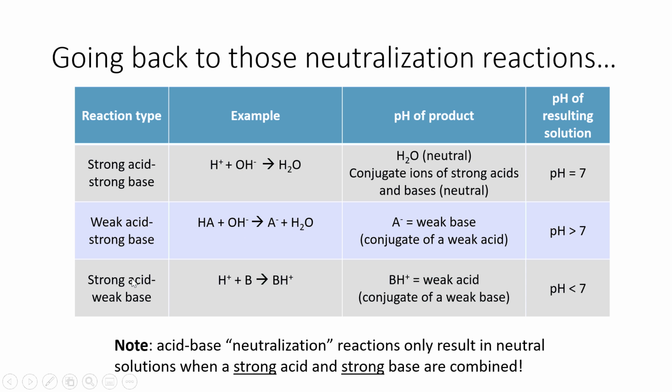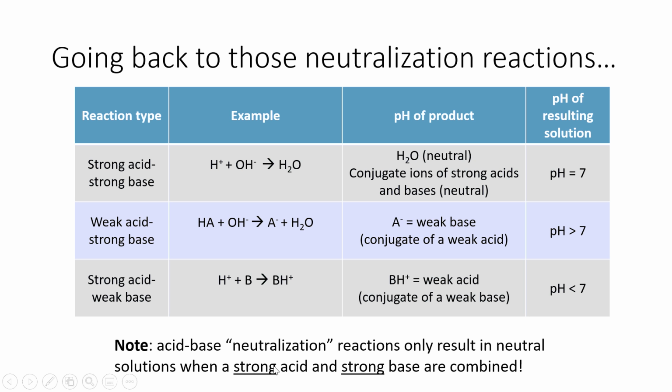If you have a strong acid with a weak base, the product of this reaction is the conjugate acid of this weak base. So the product is a weak acid, because remember, the conjugate of a weak base is a weak acid. The resulting solution here will be less than 7.